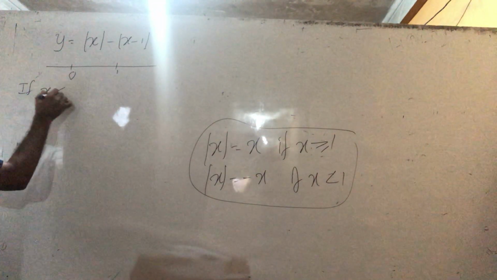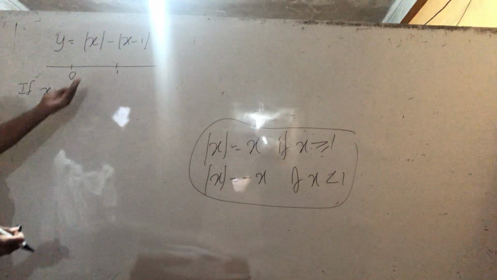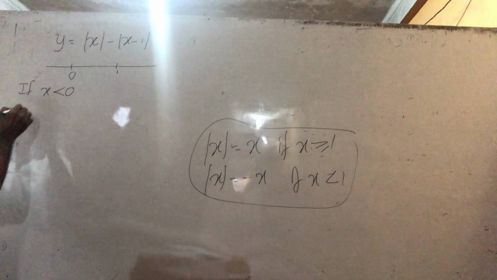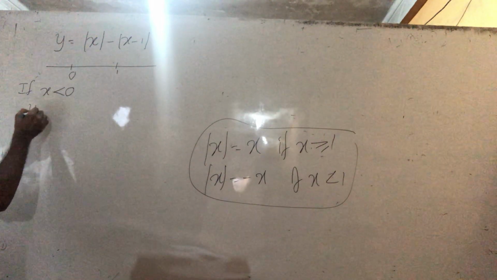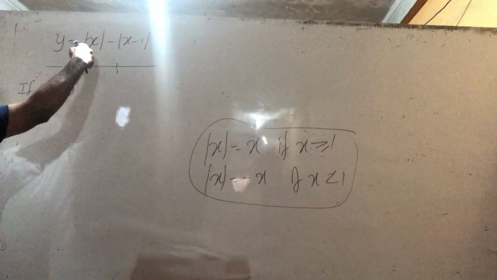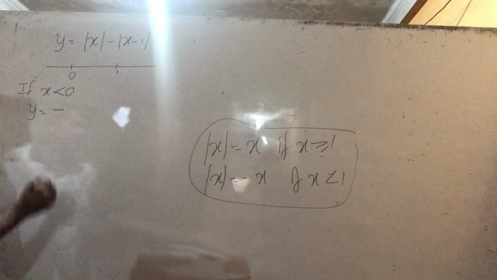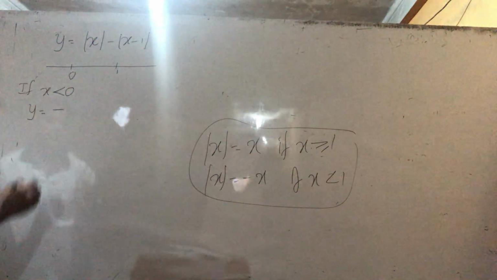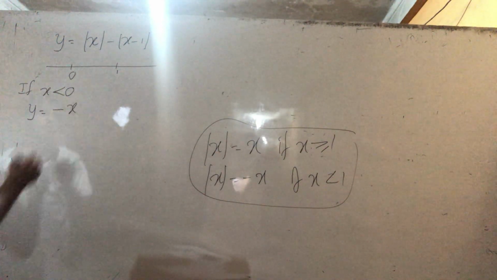So see that if x less than 0, x less than negative side, right? Negative side, then what happened? y equal, this is minus. In this condition, x negative, then you write another minus, put another minus and write what inside the modulus symbol? Minus x. Okay.